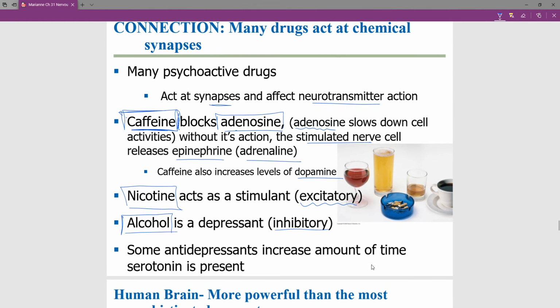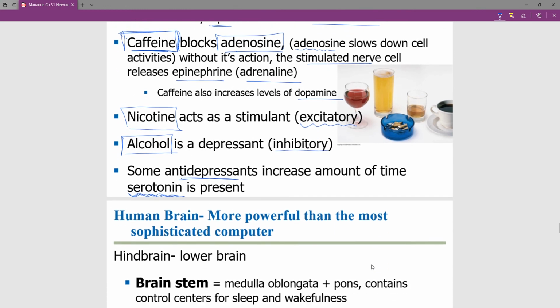Other things, serotonin is one that's usually a good one. So some antidepressants increase the amount of time that serotonin is present. And so like in that previous video, there is sometimes that breakdown of neurotransmitters. And so some antidepressants work by slowing down how fast the serotonin is broken down.